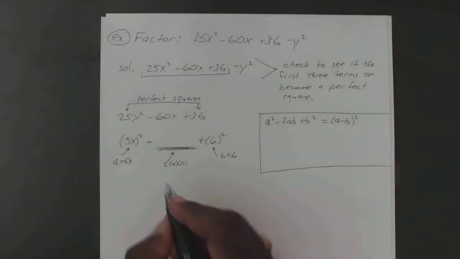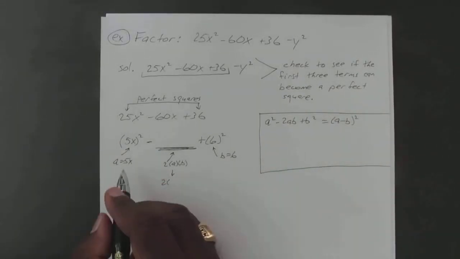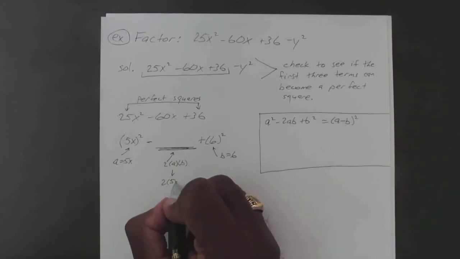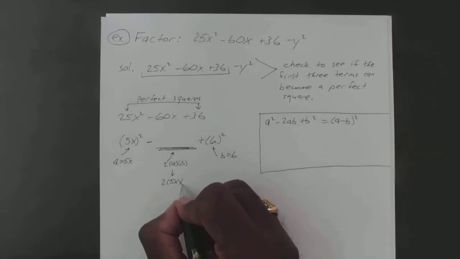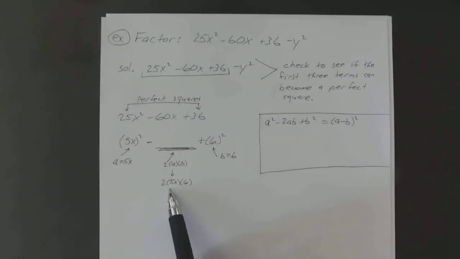We just plug all those in. You have 2 times a, which is 5x, times b, which is 6. 6 times 5 is 30, so you have 30x. 30 times 2 is 60. So we have our 2ab.